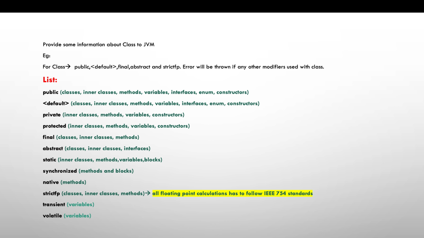The next one, the static access modifier, can be applicable to inner classes, methods, variables, and blocks. The next one is synchronized. This modifier can be applicable to methods and blocks.